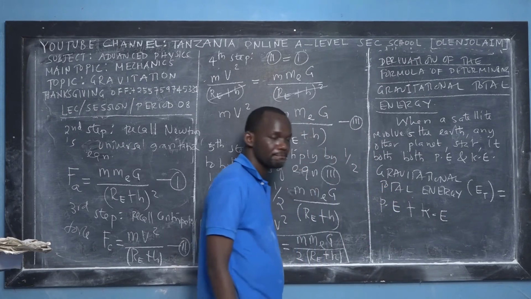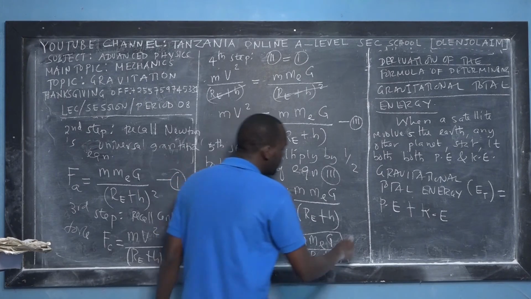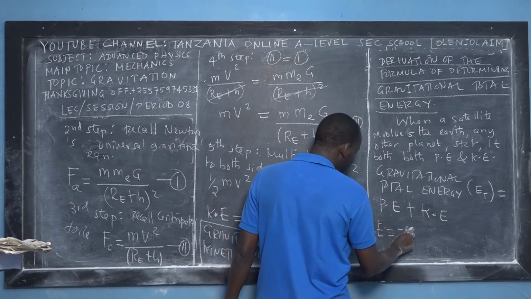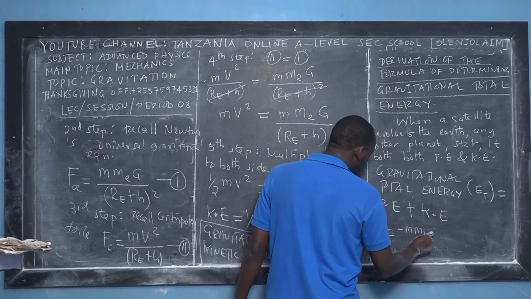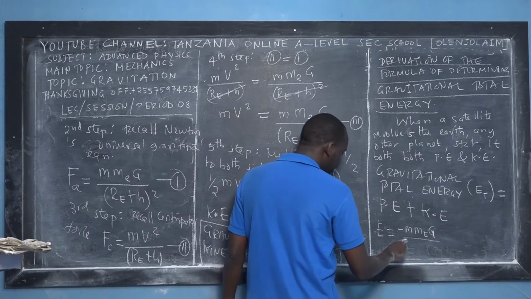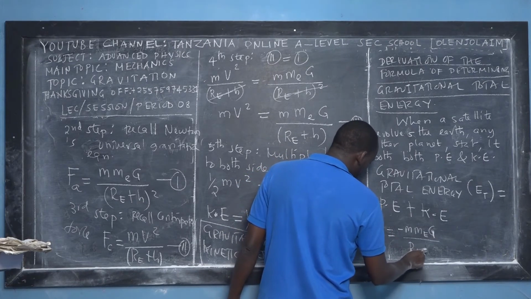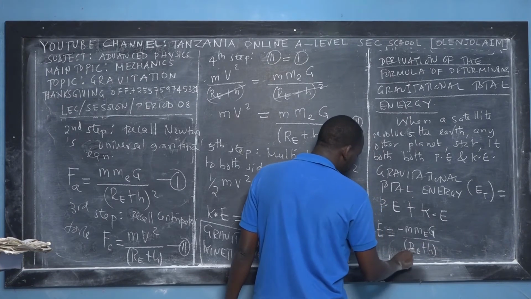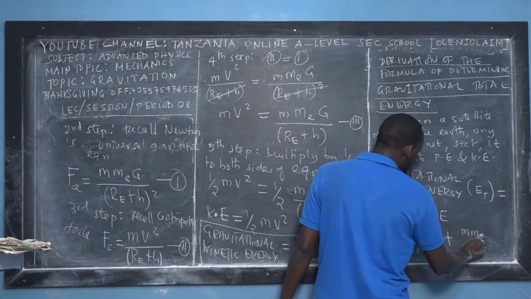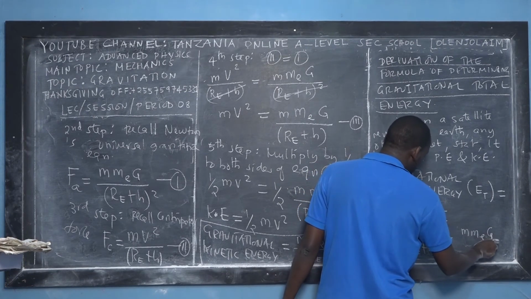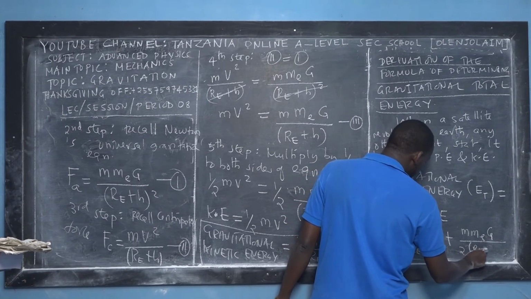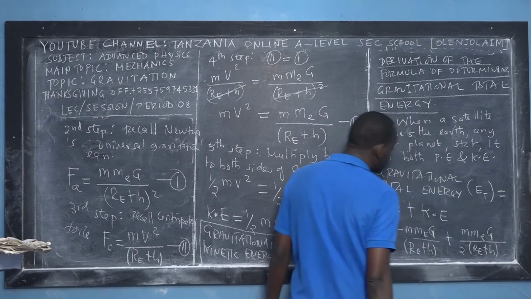The gravitational potential energy is negative, the mass of the Earth times the gravitational constant over the radius, which is the radius of the Earth plus the height h, and then plus the kinetic energy, which is the product of the mass of the Earth times the gravitational constant, divided by 2, then we have the radius of the Earth plus the height h.